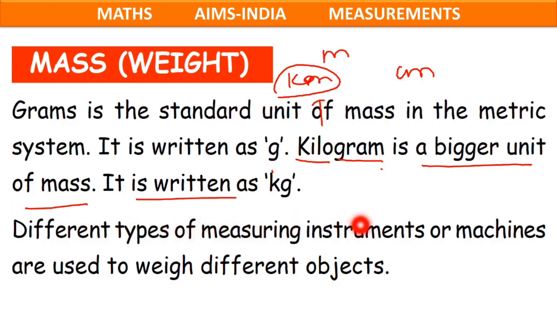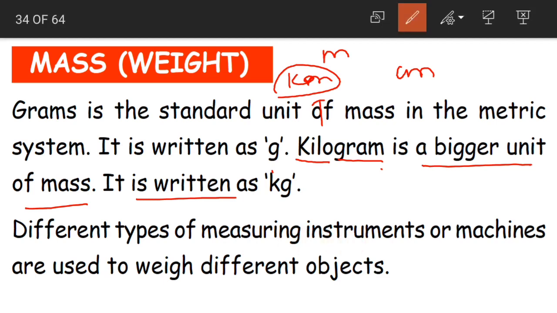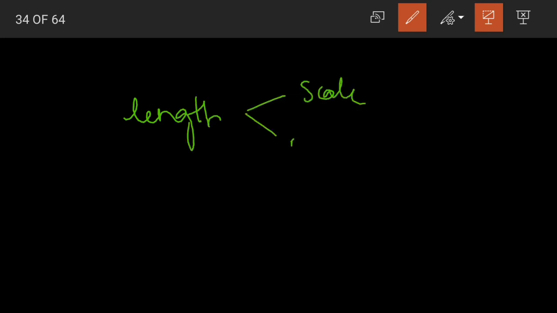Different types of measuring instruments or machines are used to weigh different objects. Weigh means to find out the weight. Now to find out the length of given objects, we used either a scale or ruler, or else a measuring tape to measure the length or distance.